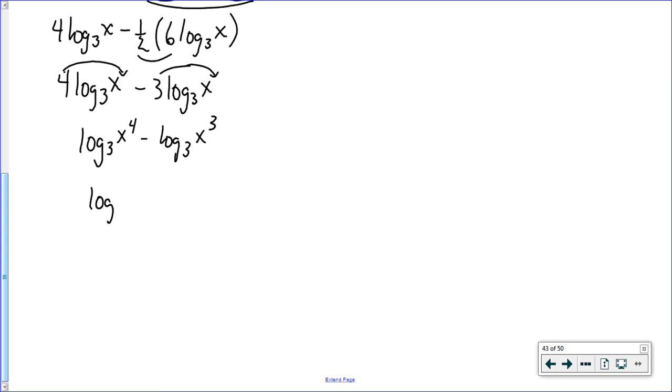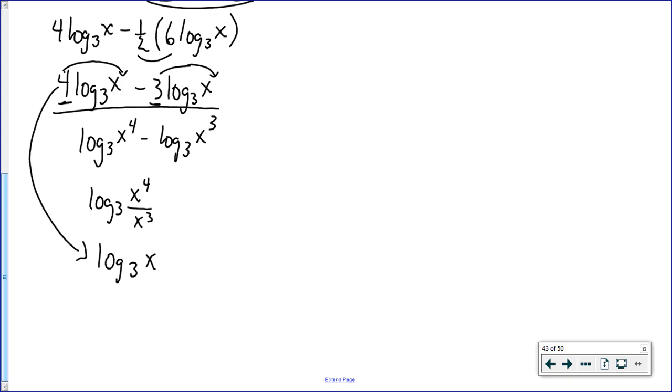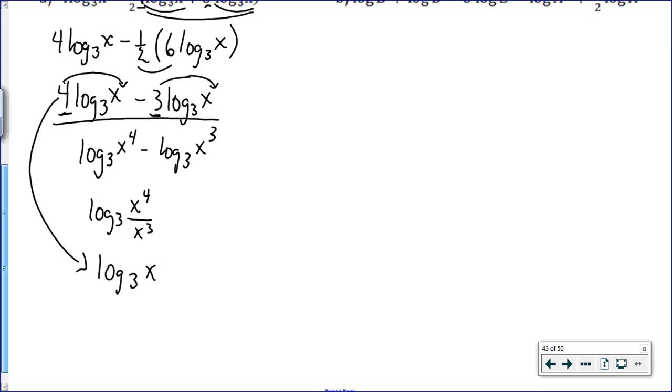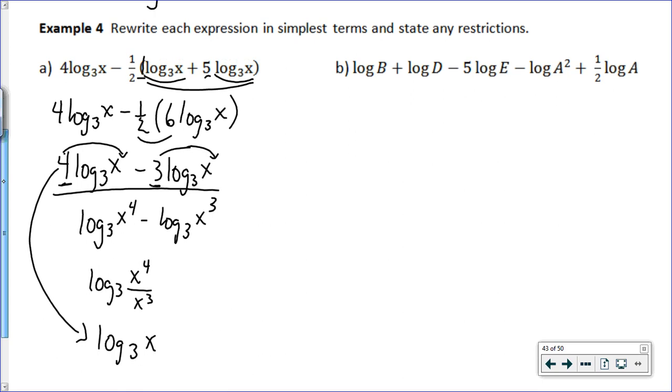So I have log base 3 of x to the 4th over x cubed. And if I simplify that, it's just log base 3 of x. And another way you could do that at this point up here is just subtract 4 minus 3. Well, that's just 1 log base 3 of x, and we would get there directly without those 2 additional steps.